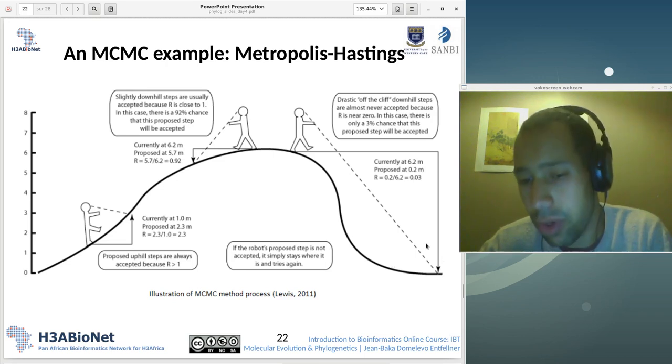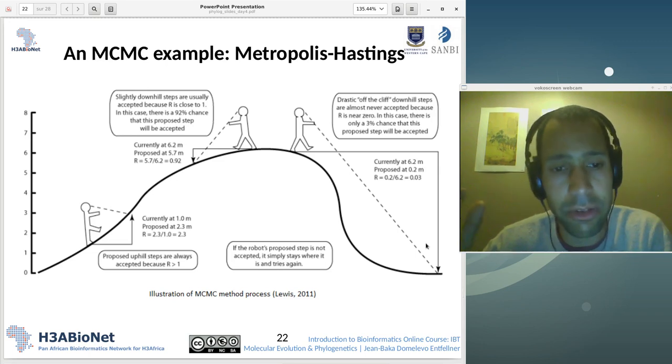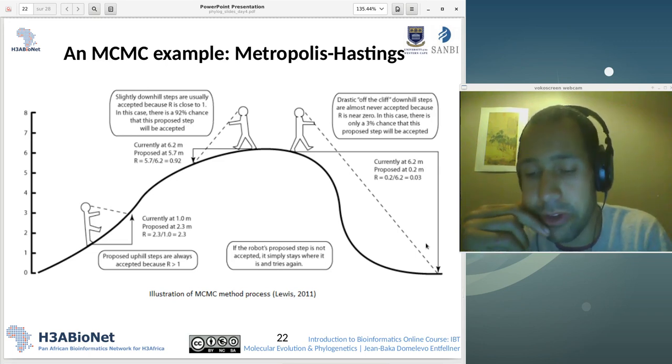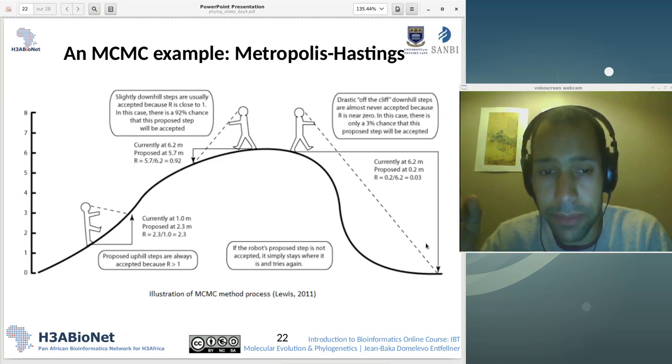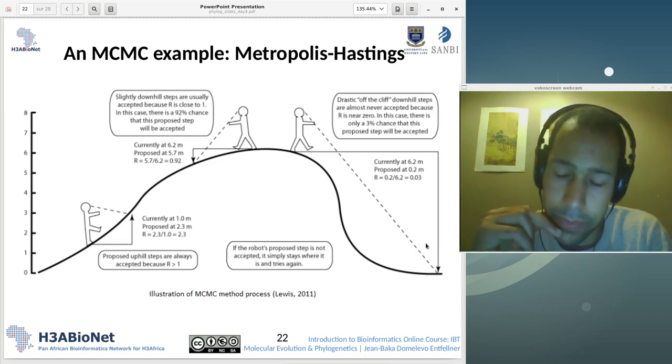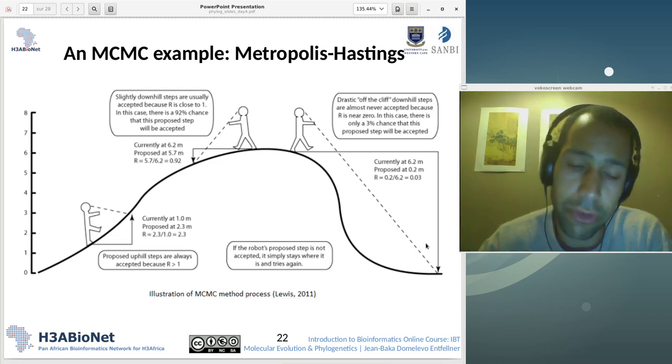Okay, so it's a technique. You can read the slide in detail, but it's a technique that probabilistically tries to achieve good coverage of the high points of the landscape without completely rejecting the jumps that lead to lower altitudes.